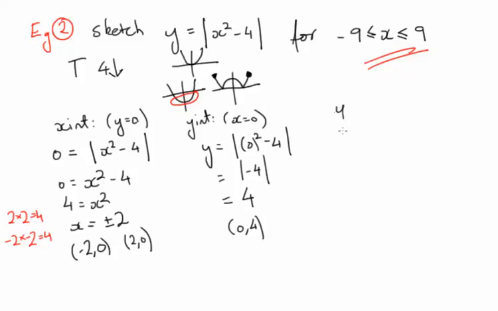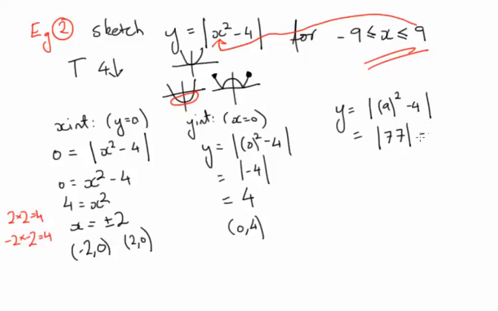So we've got y equals the absolute value of 9 squared minus 4. So what I've done there is I've taken that 9 and subbed it in right there. Alright, 9 squared is 81 minus 4 is 77. So we have the absolute value of 77, which is 77.